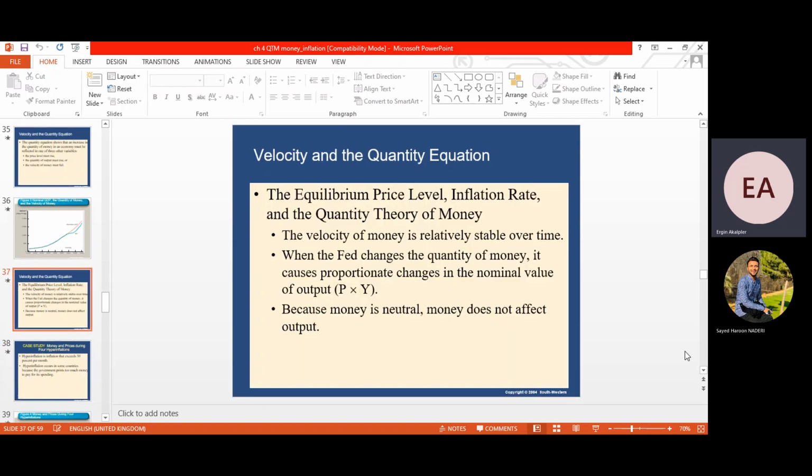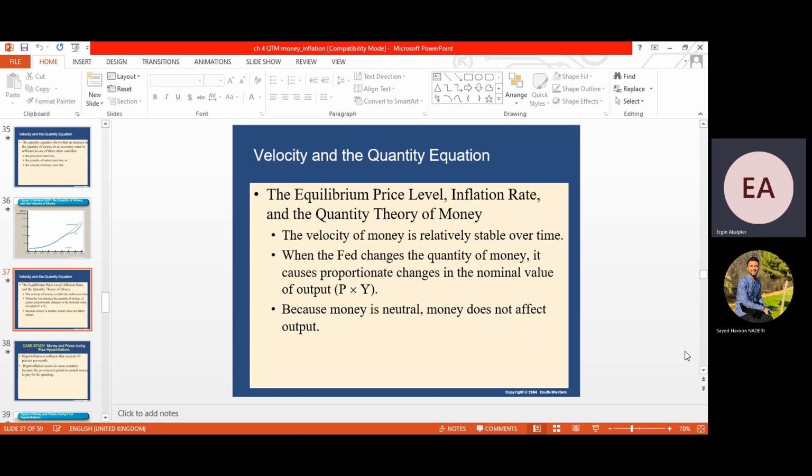The equilibrium price level, inflation rate, and the quantity theory of money. The velocity of money is relatively stable over time. As you are observing from the last graph, it is almost stable and somehow fixed. And when the central bank changes the quantity of money, the supply of money is dependent on the central bank.